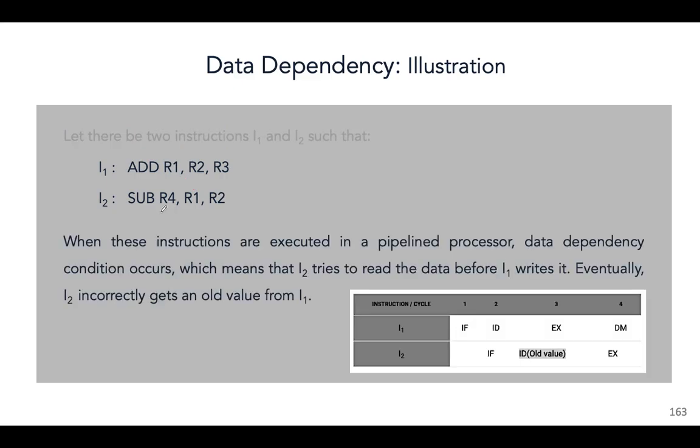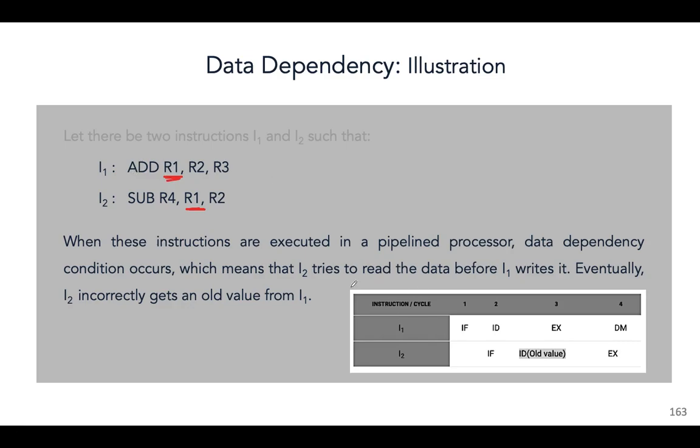When these instructions are executed in a pipelined processor, a data dependency condition occurs, because I2 tries to read the data before I1 writes it. I2 needs R1 as one of its operands. This operand is actually created when the add instruction is executed.